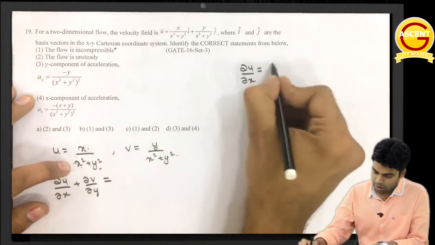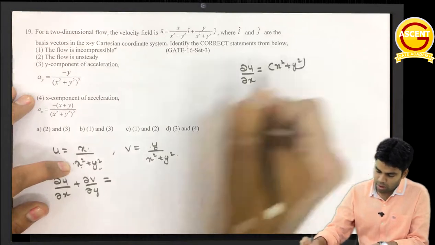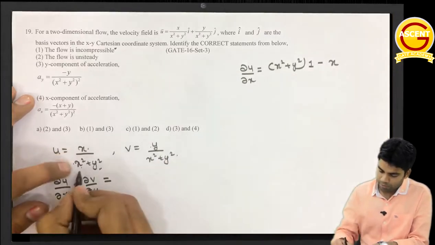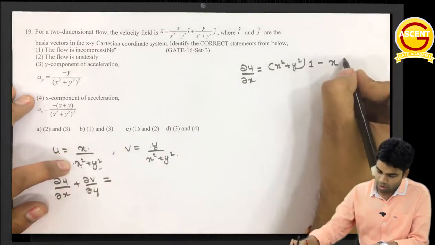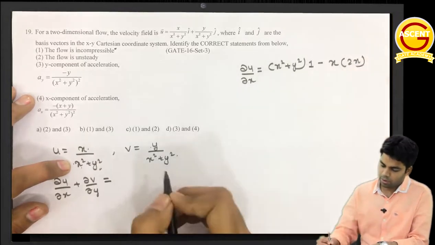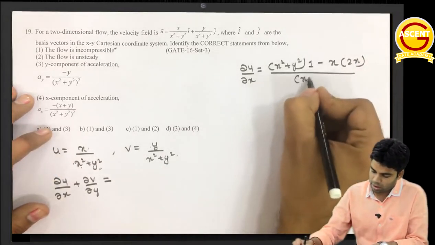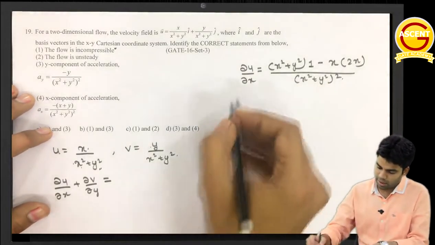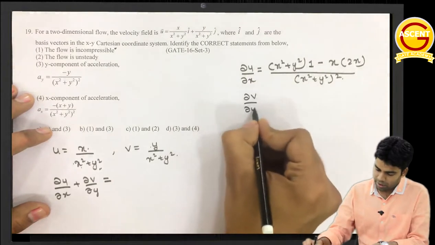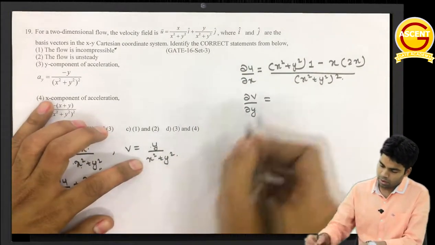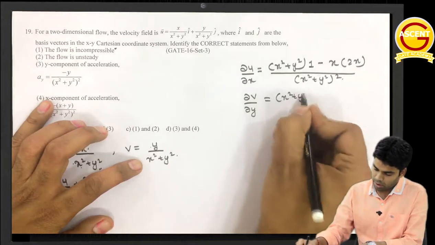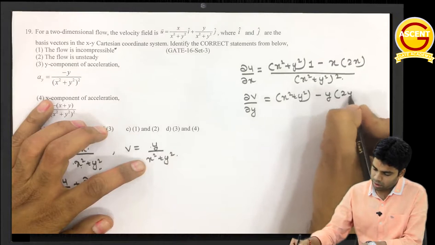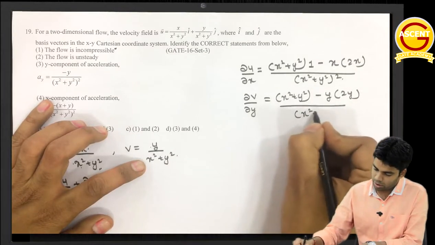So this will be the denominator x square plus y square times d by dx of numerator, which is 1, minus numerator x times del by del x of denominator, which is 2x, divided by denominator square, (x square plus y square) whole square. This is del U by del x. Similarly, we can determine del V by del y. Same thing: denominator x square plus y square times del by del y of numerator minus numerator times del by del y of denominator, divided by denominator square.